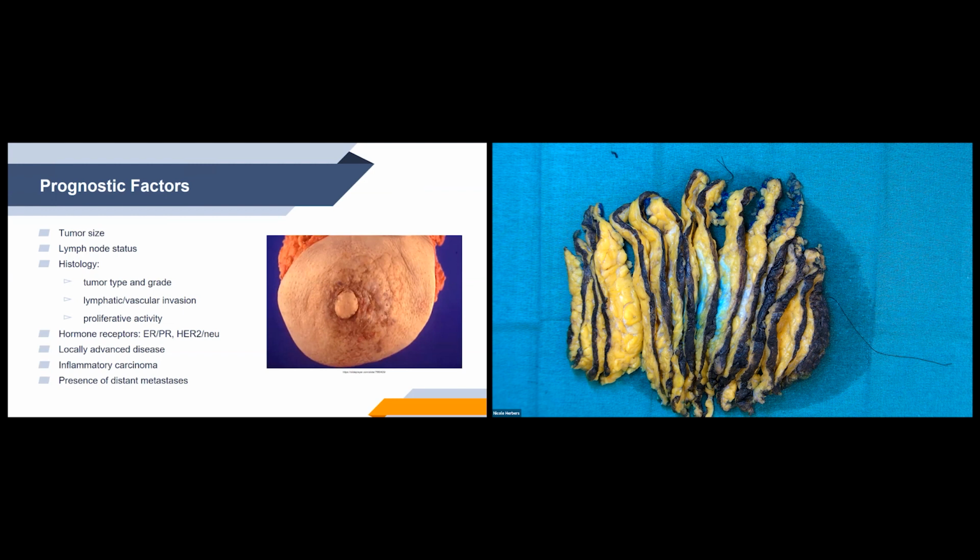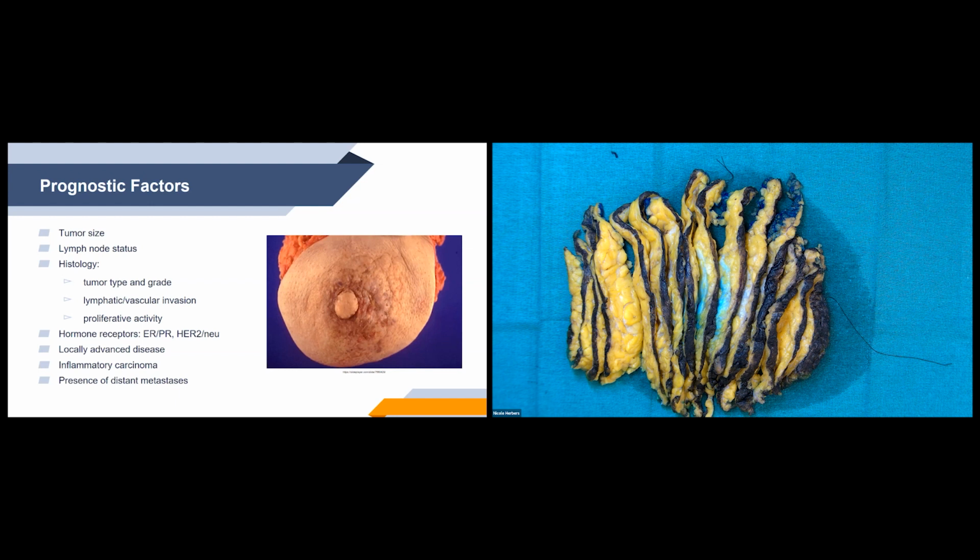Going through the histology, so tumor type, like we had mentioned, some of the special types of cancer can have a better prognostic outcome versus the no special type. Lymphovascular invasion is a poor prognostic factor. Proliferative activity is also a poor prognostic factor.